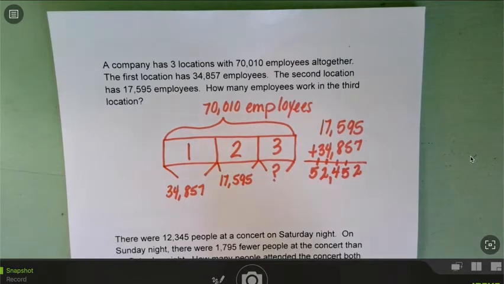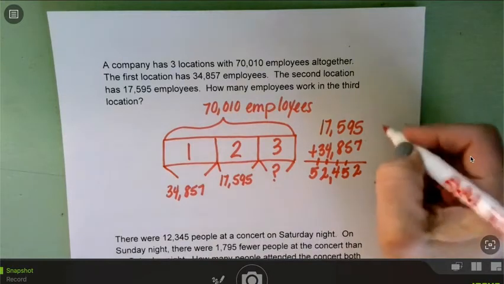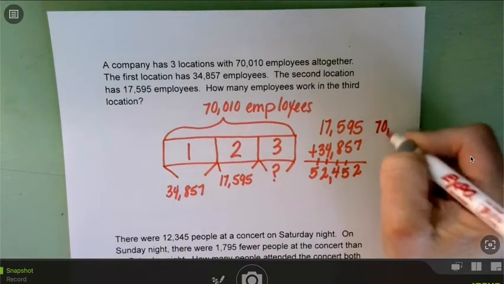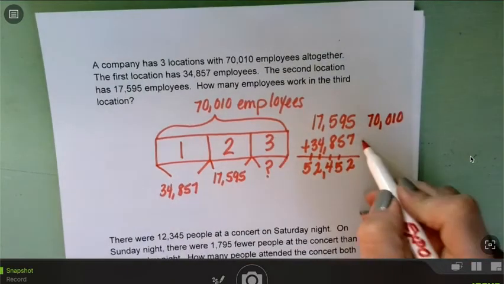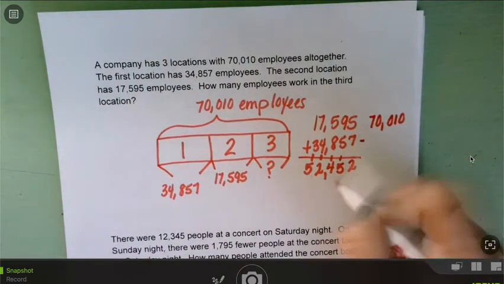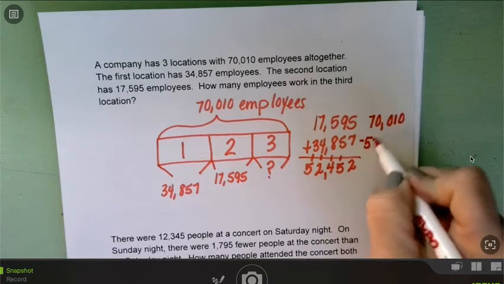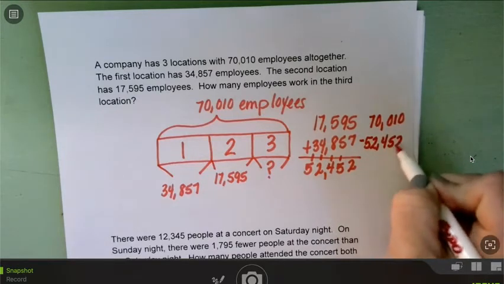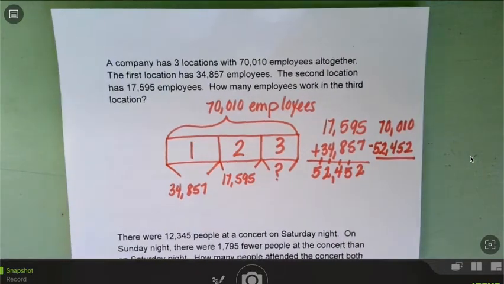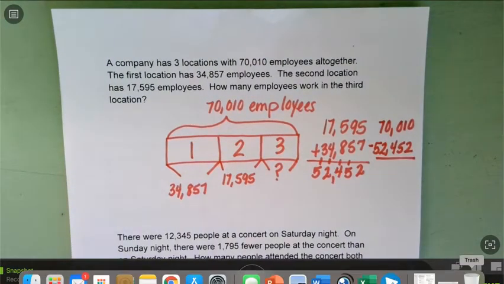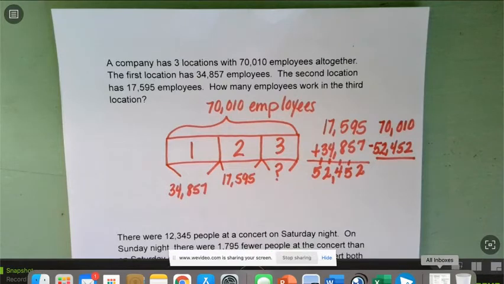To find the missing part, I'm going to take the whole, 70,010 employees, and take away the sum of these 2 parts, which is 52,452 employees, and I'm going to find the missing part. Again, I want you to pause the video and then come back and let's check our work together.